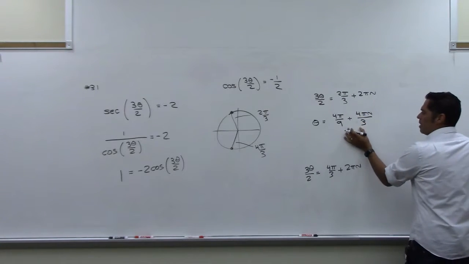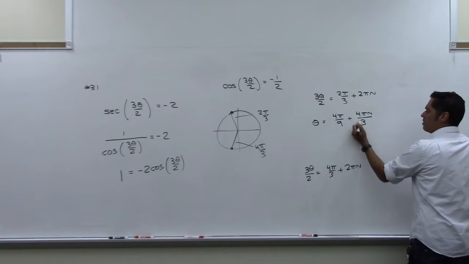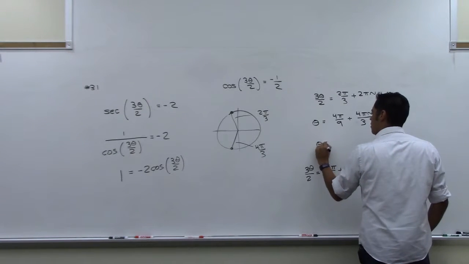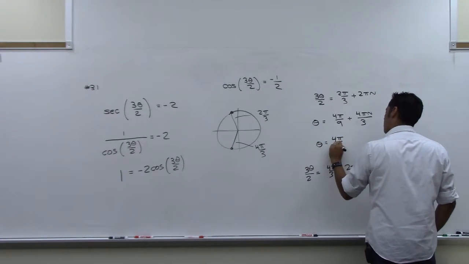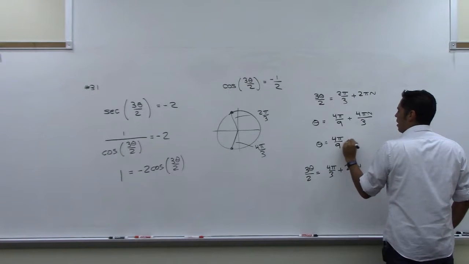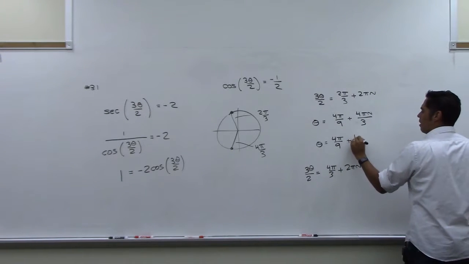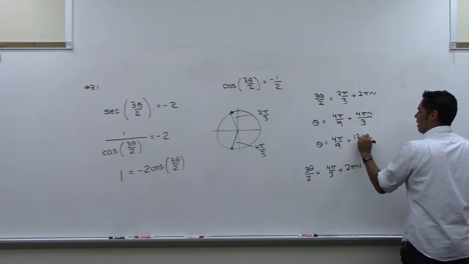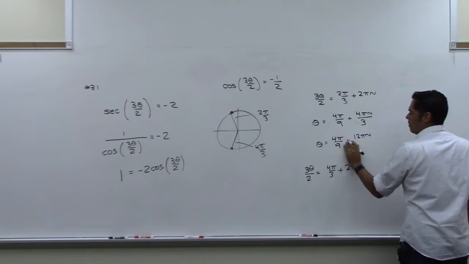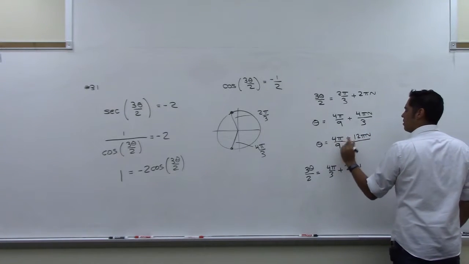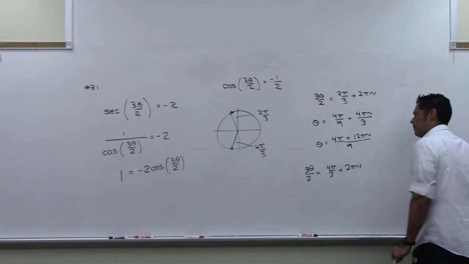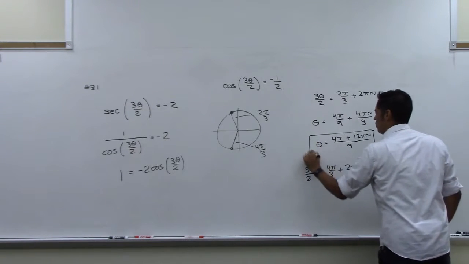Get a common denominator between these, so multiply 3 on top and bottom here. So theta is 4 pi plus, when I multiply top by 3 there, I get 12 pi n, all over 9. So that's one of my general solutions.